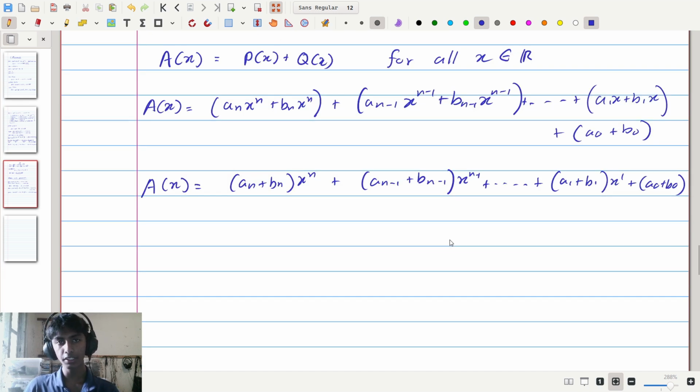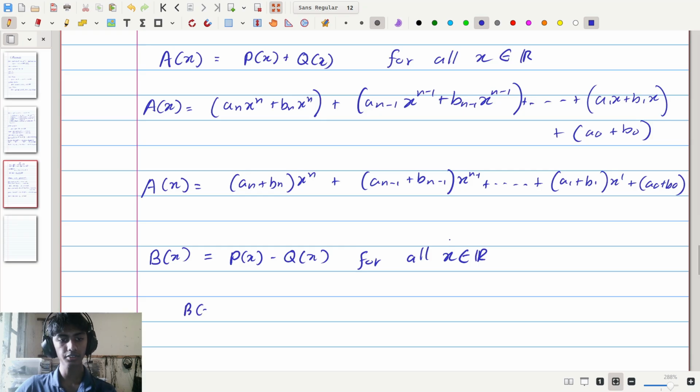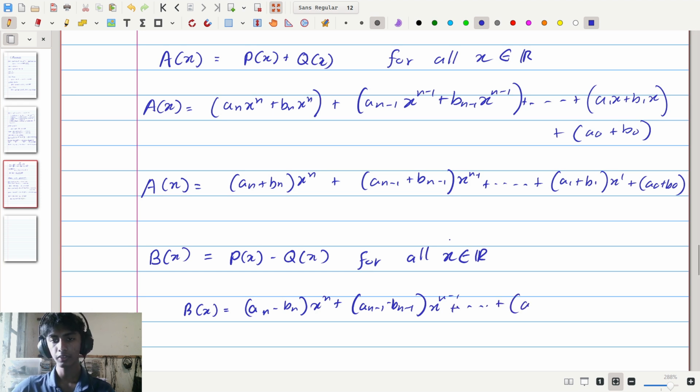Similarly, I won't go into subtraction of polynomials in the same detail, but I'm going to quickly write down what that is. If h(x) is p(x) minus q(x) for all x in the real numbers, then what this means is that h(x) is equal to (a_n minus b_n) x^n plus (a_(n-1) minus b_(n-1)) x^(n-1) dot dot dot all the way down to (a_1 minus b_1) x^1 plus a_0 minus b_0.